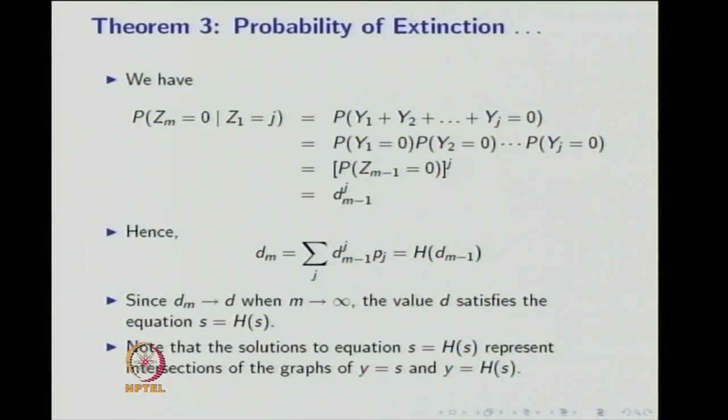Note that the solutions to the equation s is equal to h of s represent intersections of the graphs of y is equal to s and y is equal to h of s. So the d will be the probability of extinction, and we are not going to discuss further how to solve s is equal to h of s and find the probability of extinction.